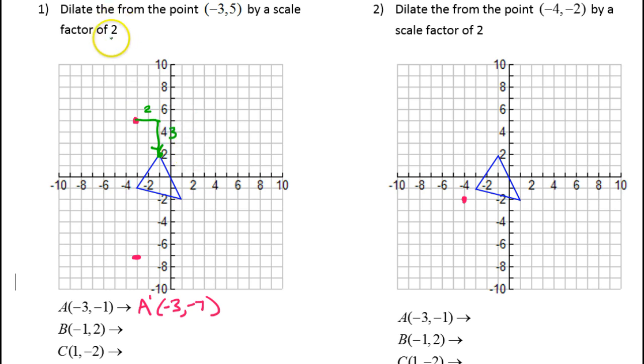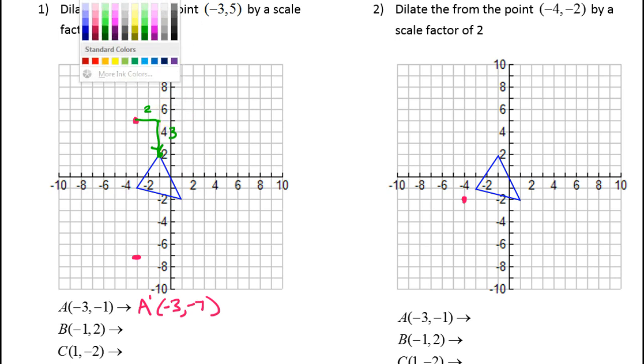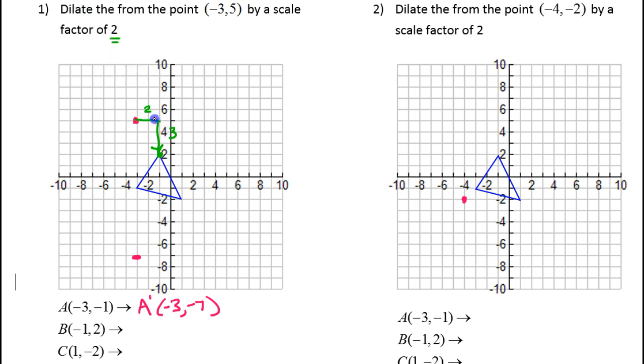So since the scale factor is 2, I need to double that. So to arrive at the point B prime, instead of going right 2 and down 3, I need to go right 4 and down 6. I'm just doubling the original motion. So if I go right 4, there's 2, and then there's 4, and then now I'm going to go down 6. So there's 3, and then there's 6.